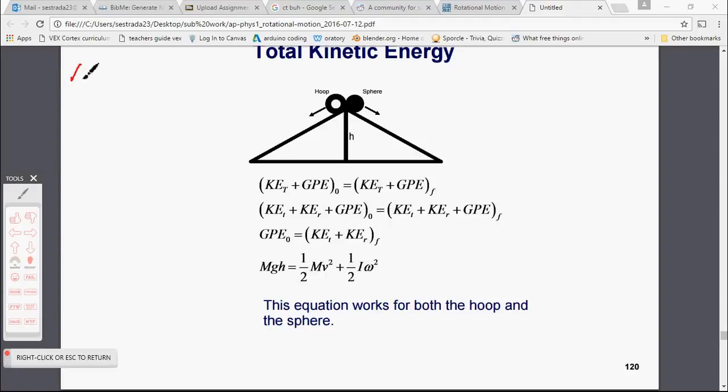So I'm going to put, I wish I could copy this, instead of just spending some time here. mgh equals 1/2 mv squared.